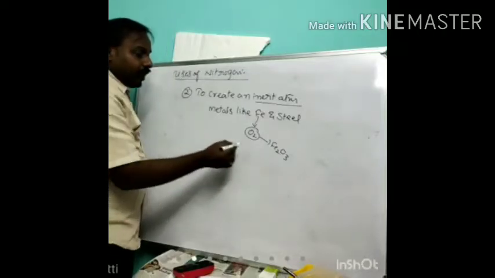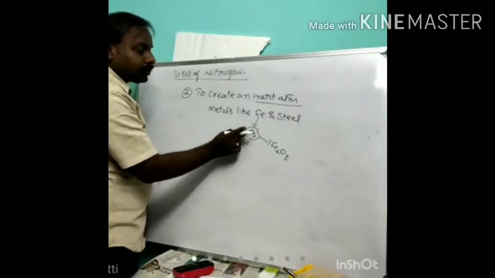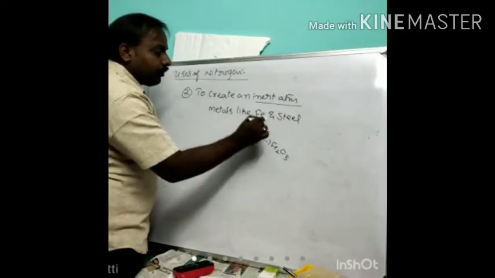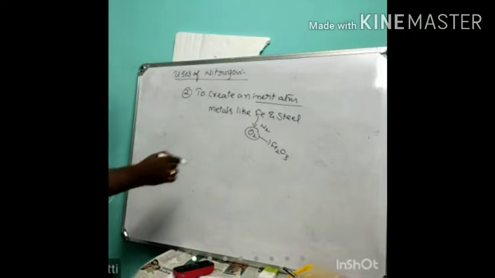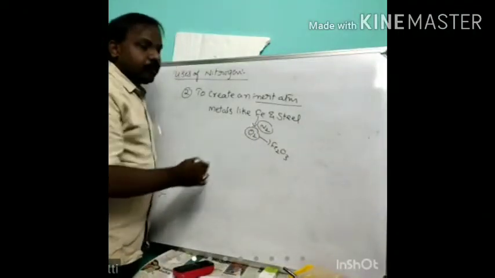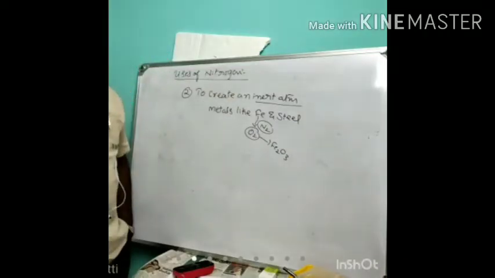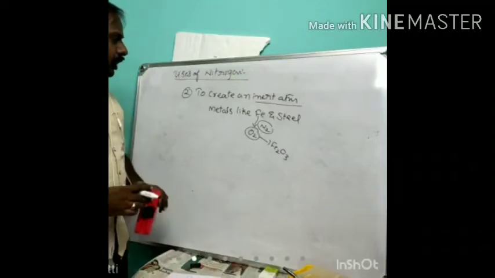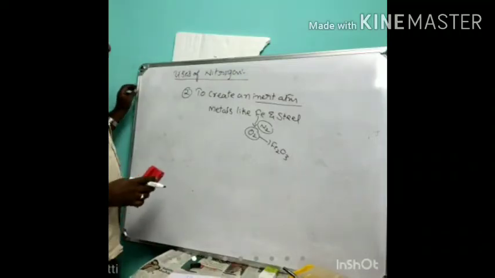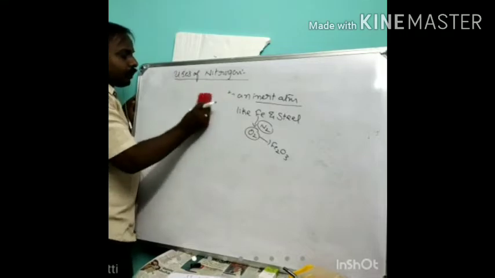So to avoid this, we remove the oxygen completely and fill the atmosphere with nitrogen gas, with which iron does not react. So in industry, during the extraction of metals, we use nitrogen.